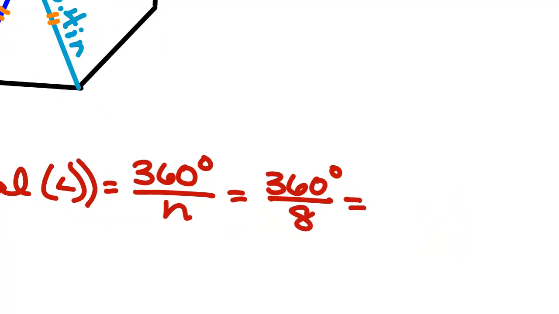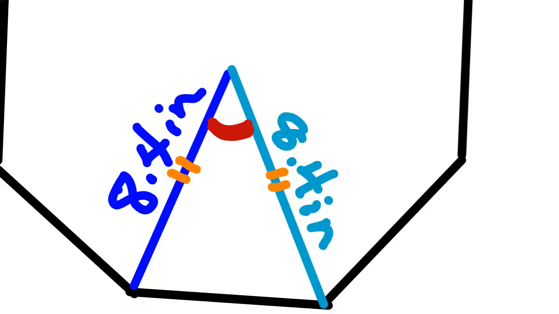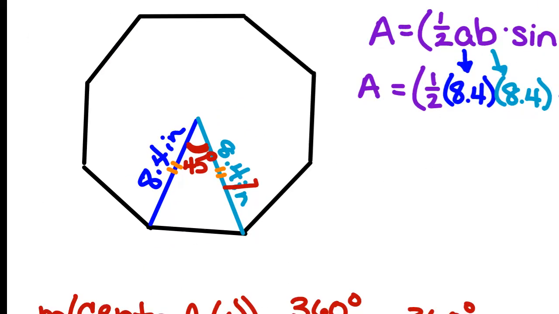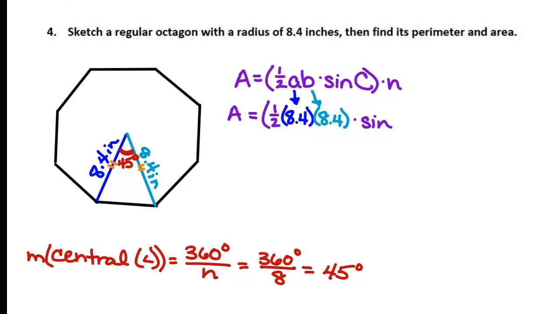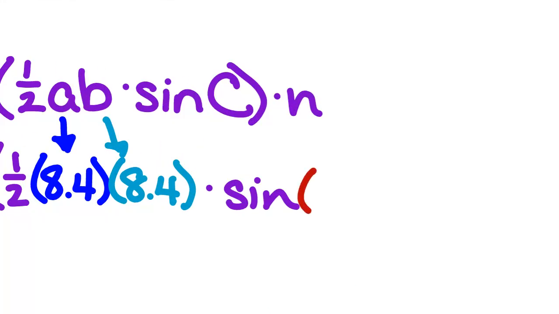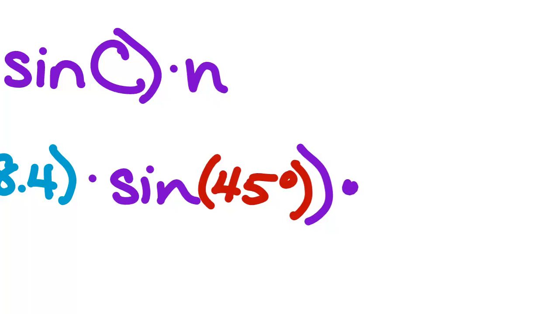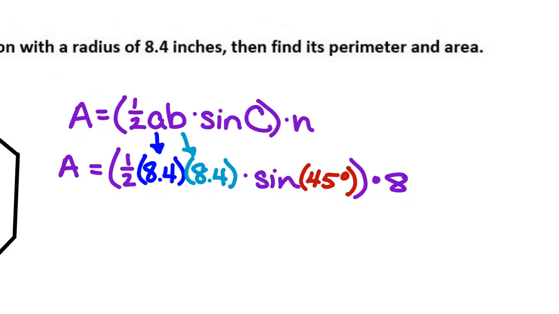What is 360 divided by 8? 45. So this angle here is 45 degrees. So that's what we're going to put in for angle C, 45 degrees. And then we have to multiply that by the number of sides, so we're going to times that all by 8.